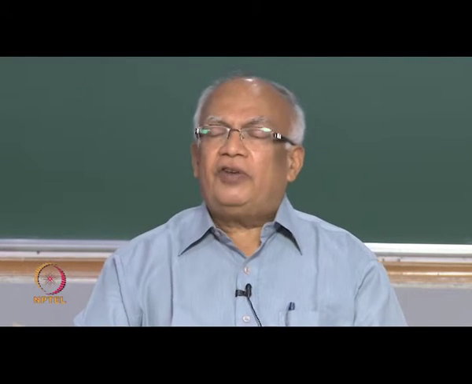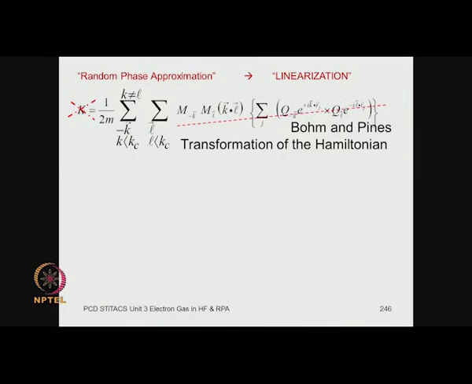So, there are various alternative paths to doing many body theory. There is no unique path, but this is one of the very promising paths. This is the method of canonical transformations. This is the method of Bohm and Pines, and what it is based on is a linearization process, and this is the heart of the RPA. Of course, there are other things which go into the RPA.